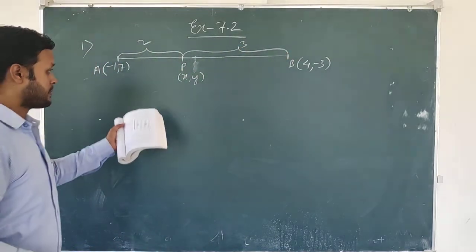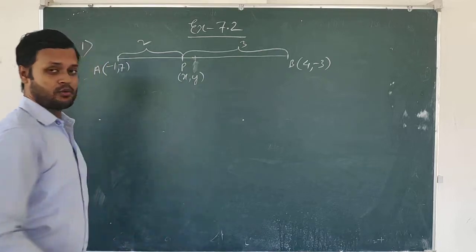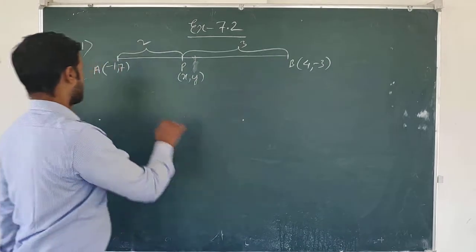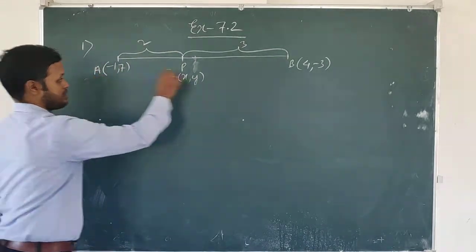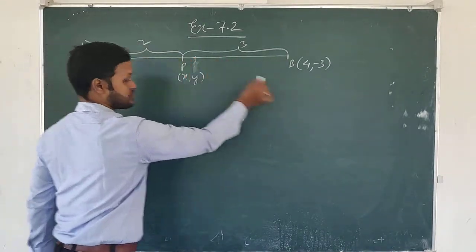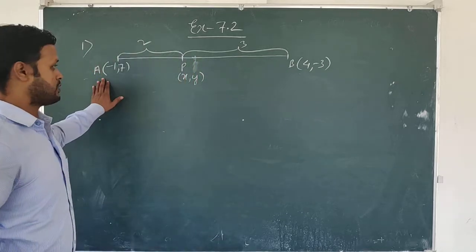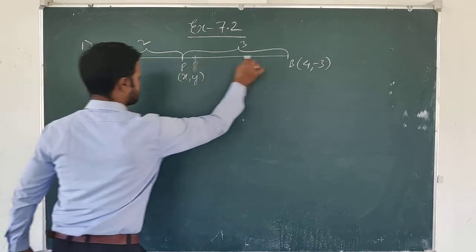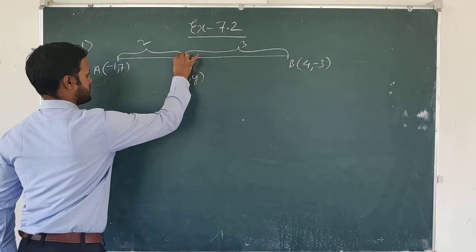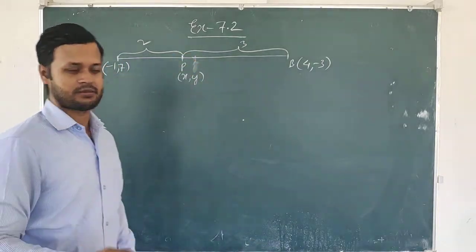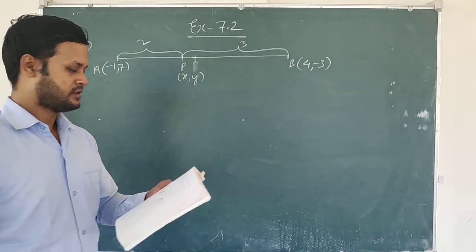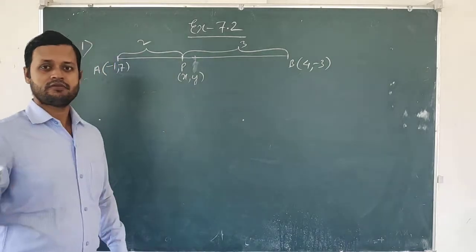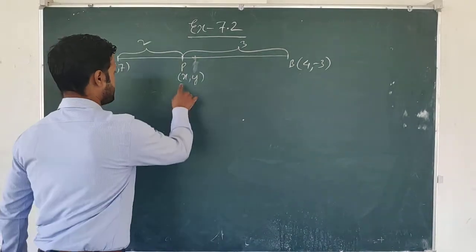One point is there -1, 7, the other point is there 4, -3. I am considering this point to be A, -1, 7 and B, 4, -3. These two points are joined by this line segment AB, and P is a point which is dividing this line segment in the ratio 2:3. So we need to find the coordinates of the point P, that means the value of this x and y.